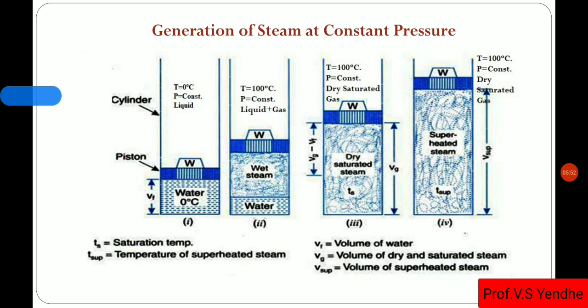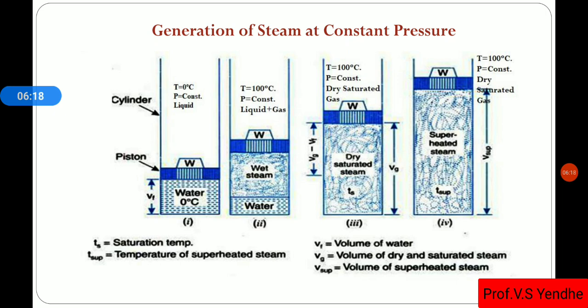After that, we are going to heat the same cylinder again. Then we can find only the dry saturated steam inside the cylinder, and due to the pressure inside the cylinder, the piston moves in an upward direction.